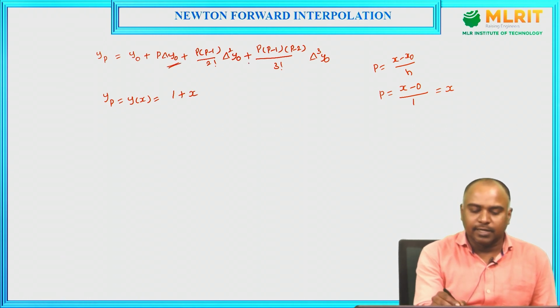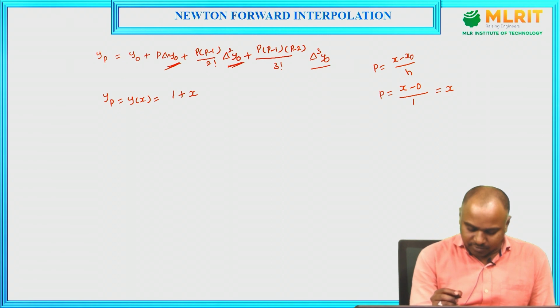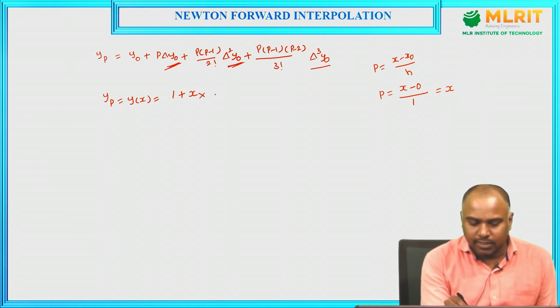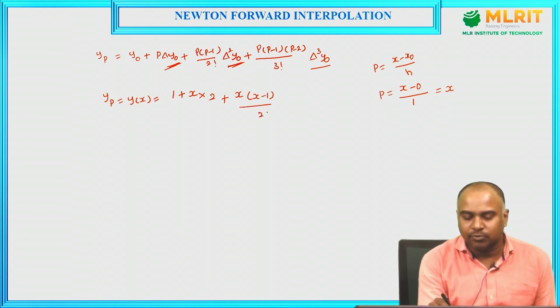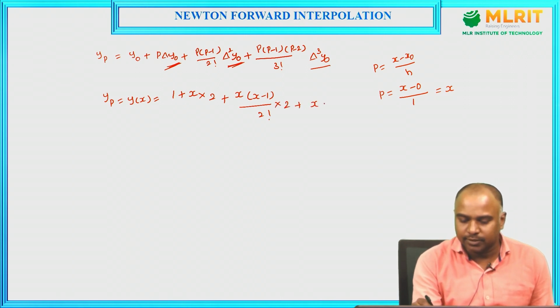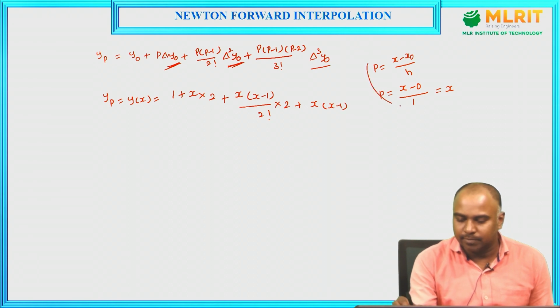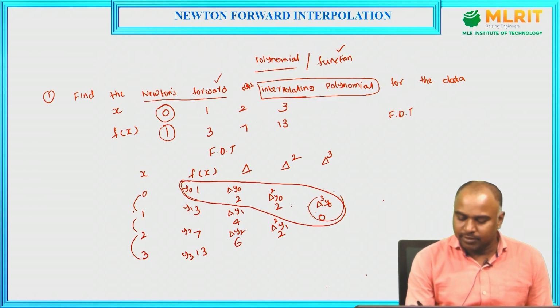We substitute delta y naught, delta square y naught and delta cube y naught using the previous table. So delta y naught is 2, plus x into (x minus 1) by 2 factorial times delta square y naught, which is 2, plus x into (x minus 1) into (x minus 2) by 3 factorial times delta cube y naught, which is 0.